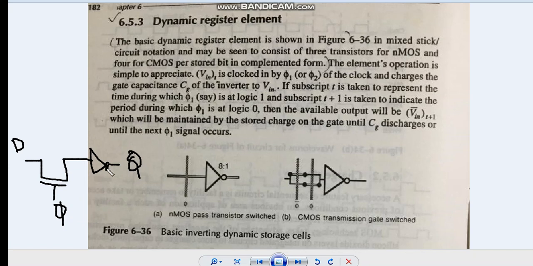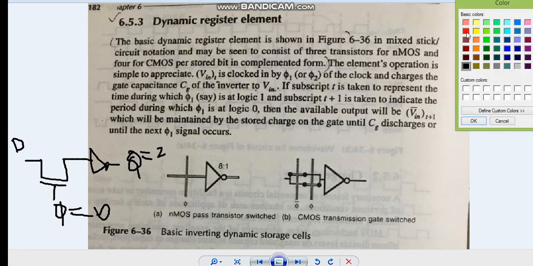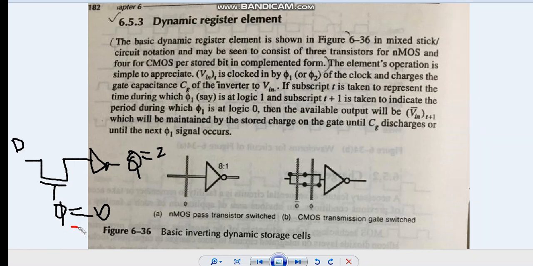So here, let us consider the values. If the phi value is 0, then what happens to NMOS here? NMOS is off. So Q will take a value of Z, that is high impedance here. Similarly, if phi is equal to 1, then the transistor is on here.